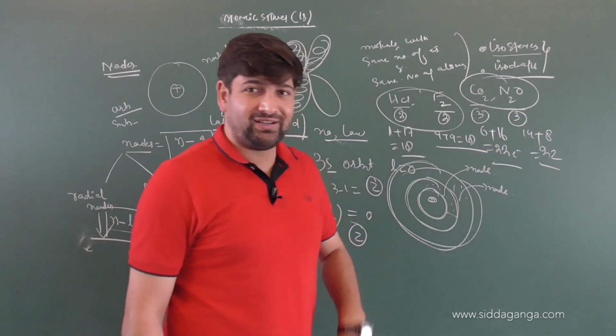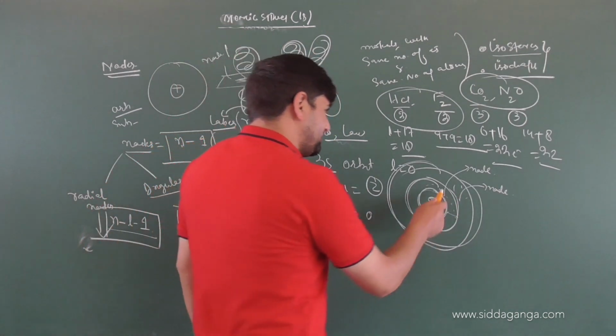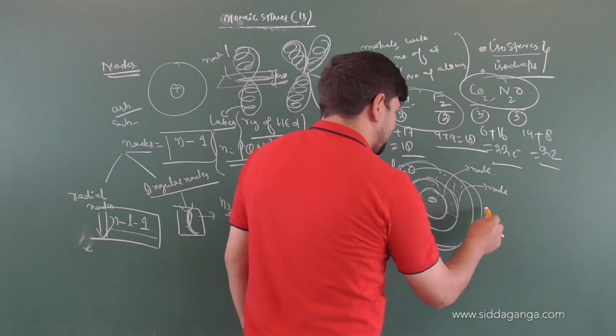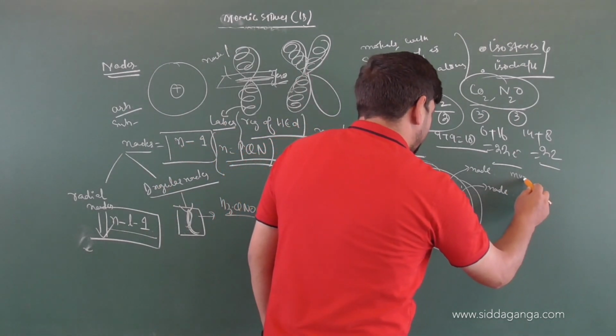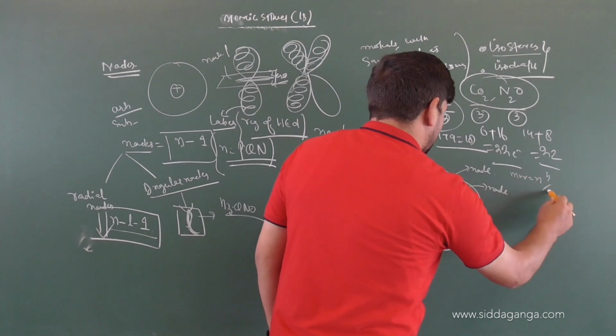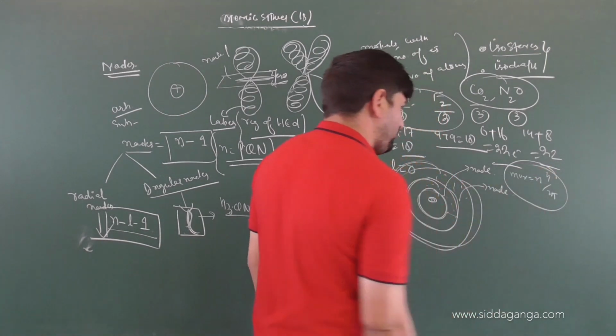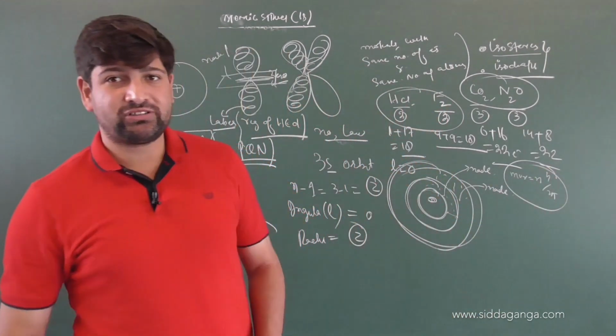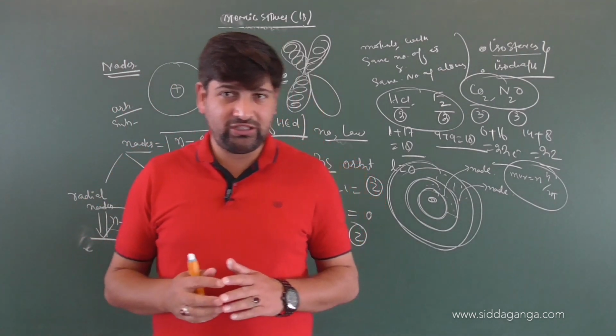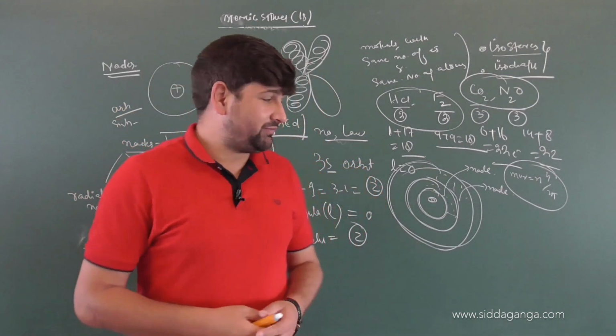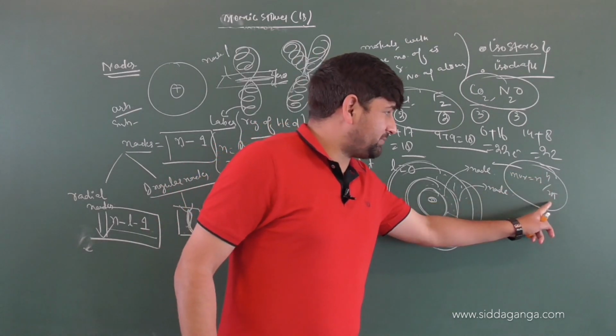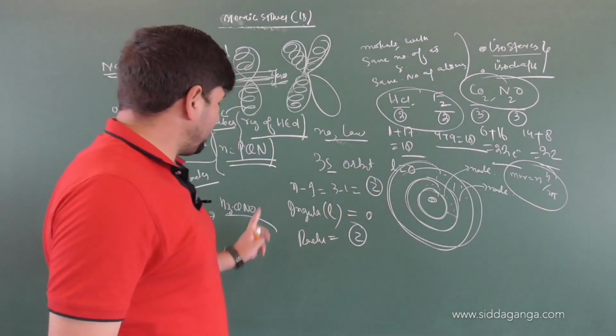And Bohr's model makes this clear to us. Electron density is not present there because the angular momentum of the electron in these regions is not an integral multiple of h by 2 pi. We learned that electrons can exist only in those shells wherein the angular momentum is an integral multiple of h by 2 pi. So easily you can find out the nodes.